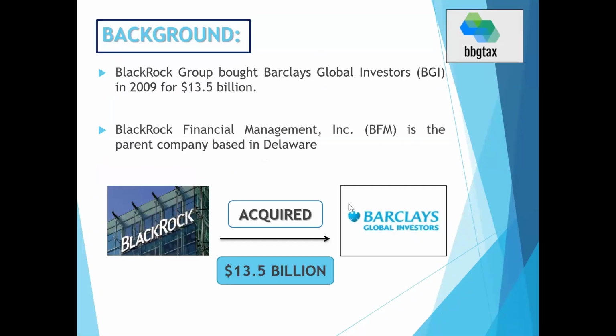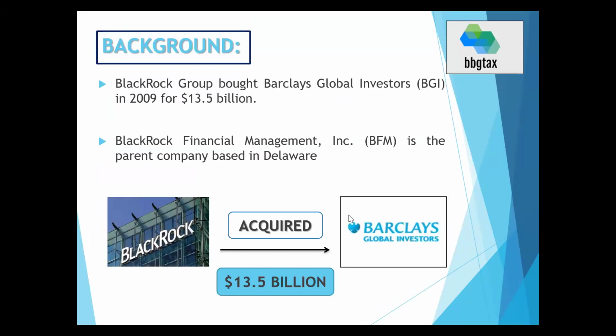So a brief background of the case: in 2009, BlackRock acquired Barclays Global Investors, BGI for short, for roughly $13.5 billion.